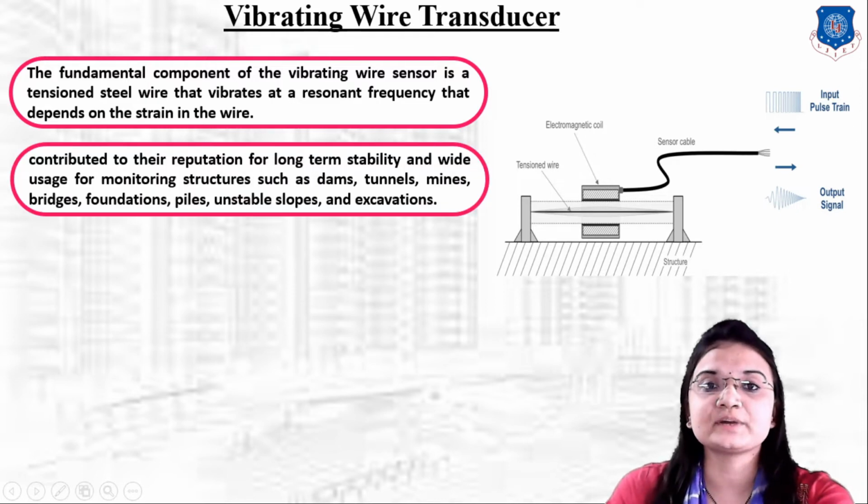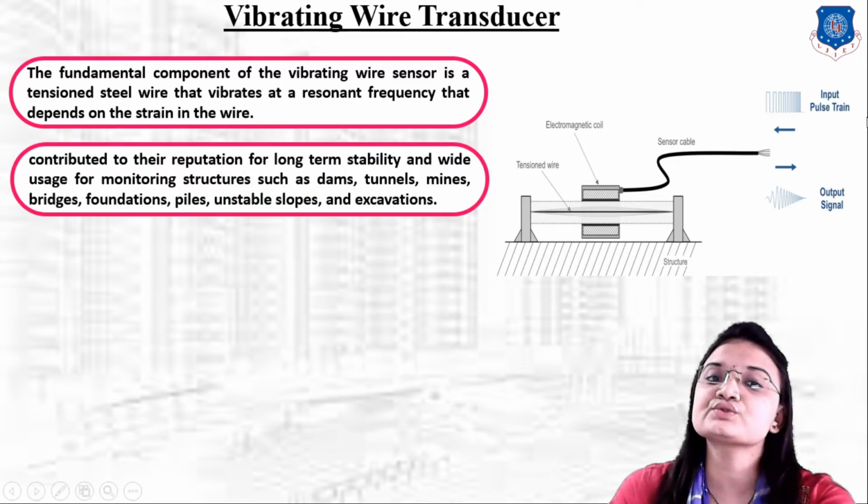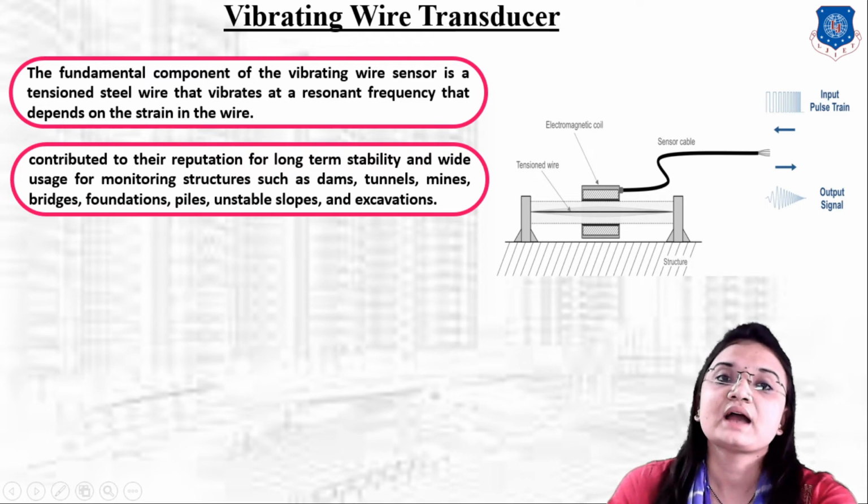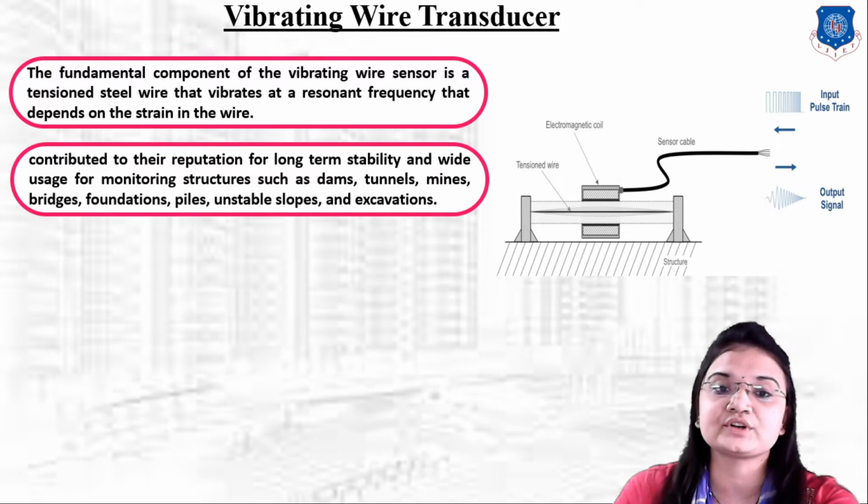Generally the vibrating wire transducer is used for long-term stability and wide use in monitoring structures such as dams, tunnels, mines, bridges, foundations, piles, unstable slopes and excavations. So this concept is generally used in civil engineering.